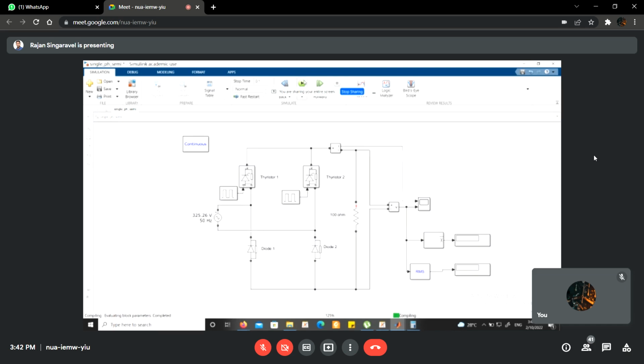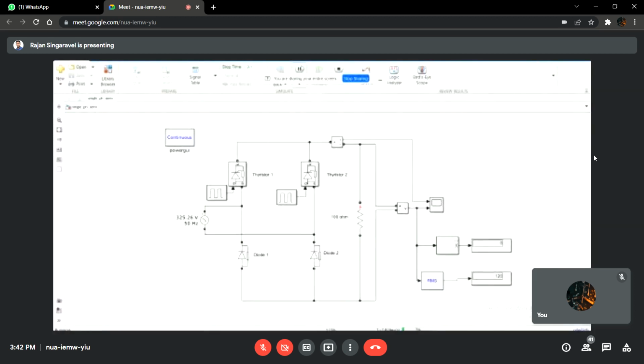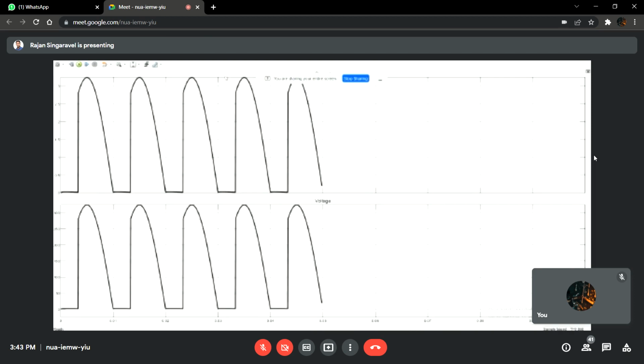So I am now simulating the circuit. You can see the response here. See, for R load, the voltage for semi-converter and full converter does not have any change, right?